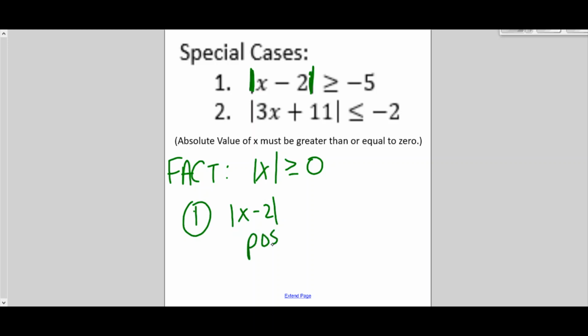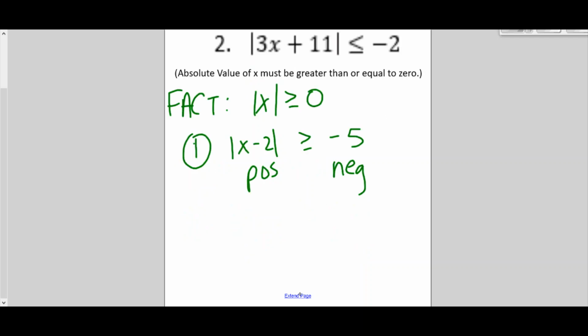It's always greater than or equal to 0. So on the left side, I have a positive number, and then my sign says greater than or equal to -5. Well, this is a negative number. Well, this is always going to be true. No matter what number is inside my absolute value, whenever I take the absolute value, I'm going to get a positive number. So a positive is always greater than a negative. This is always true.